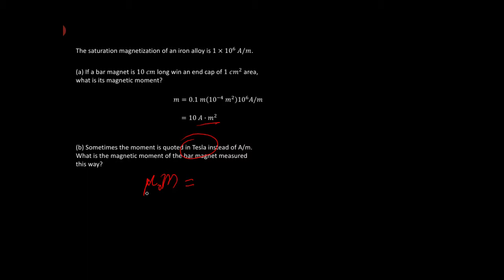So basically, if we want to get this in terms of Tesla, we need to take mu naught times m. And that means we have mu naught, which is 1.256 times 10 to the minus 6 Tesla over amps per meter, times, in this case, 10 amps meters squared.